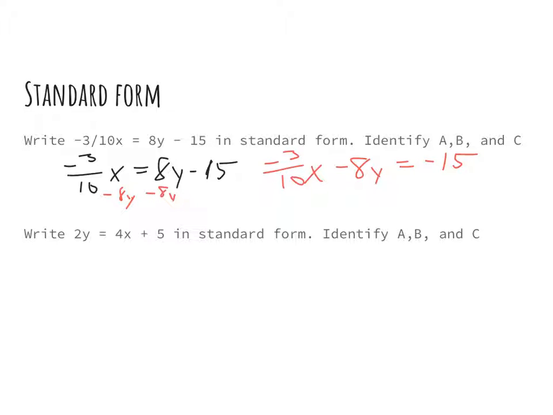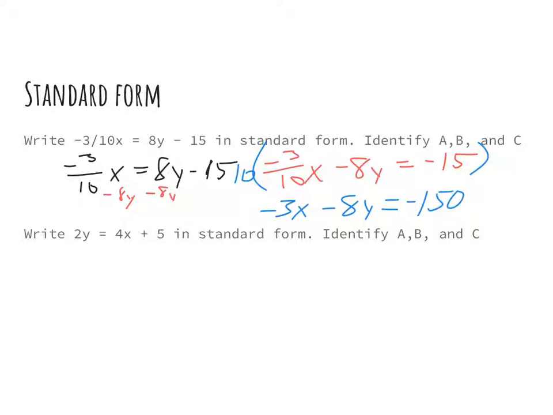Now, the last thing is, what's in front of x is not an integer. Negative 3/10 is not an integer, so I need to multiply everything by some number that will get rid of this fraction. Well, whatever's on the bottom, that's what I multiply by, so I'm going to multiply everything by 10. What that's going to do is give me a negative 3x minus 80y equals a negative 150.